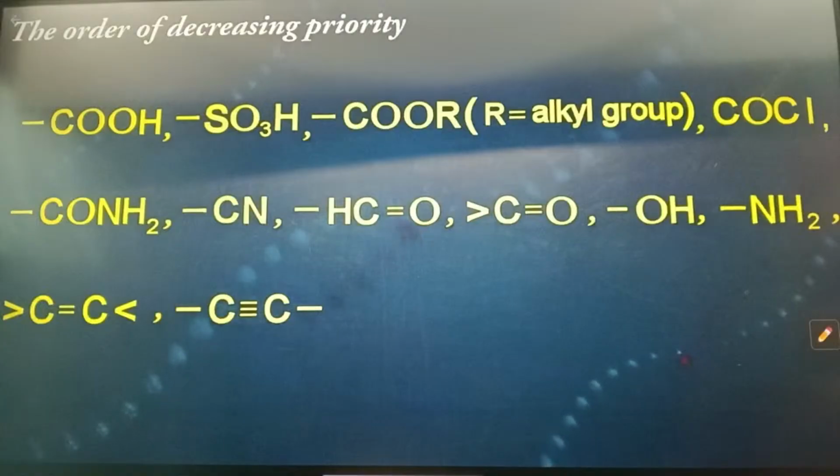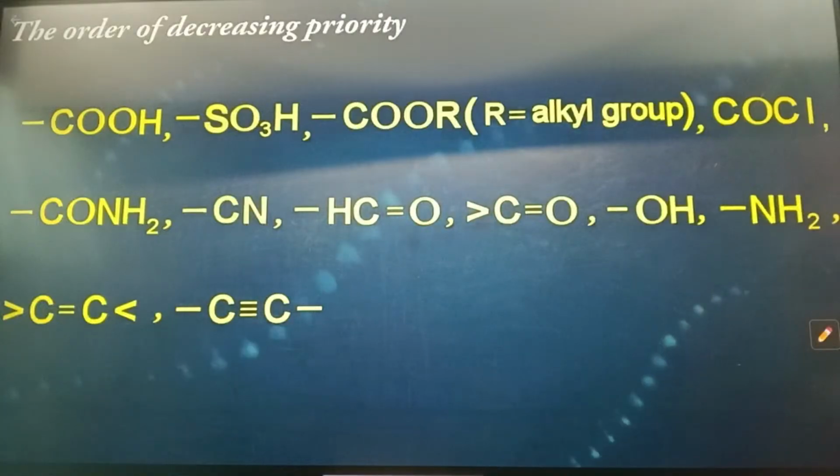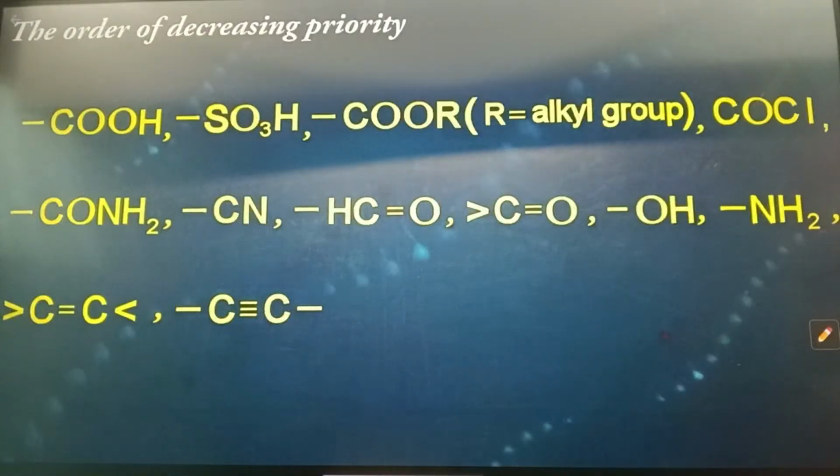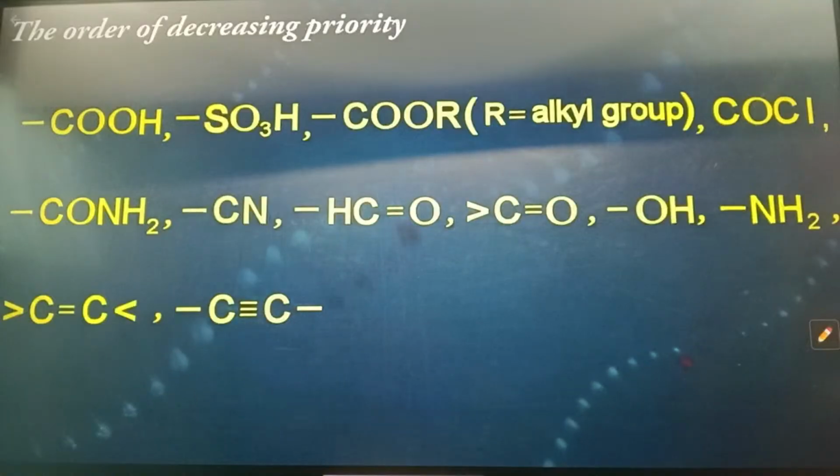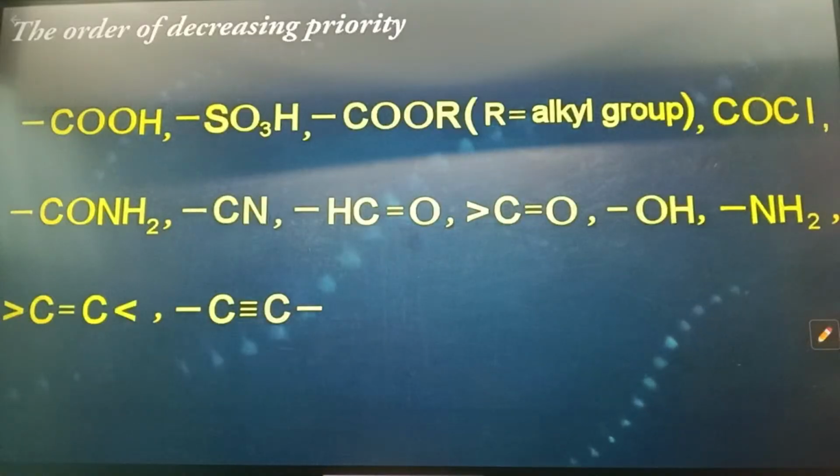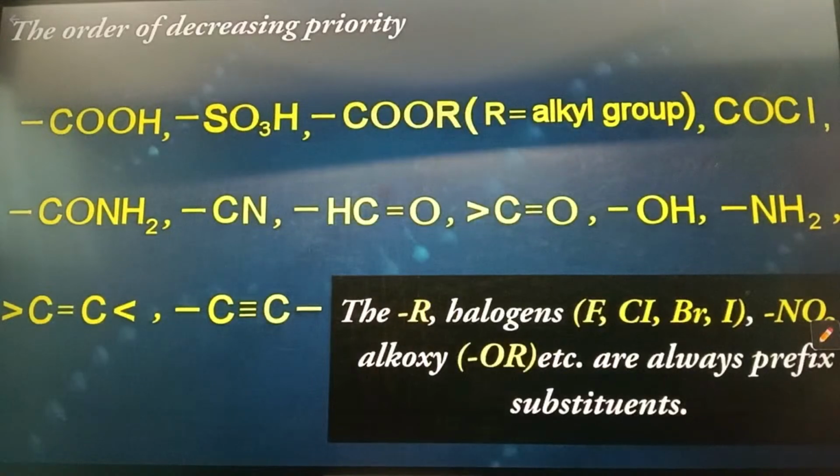This priority is taken care of when the compounds are named. It is very important to understand that R, halogens F, Cl, Br, I, NO2, alkoxy OR, etc. are always prefix substituents.